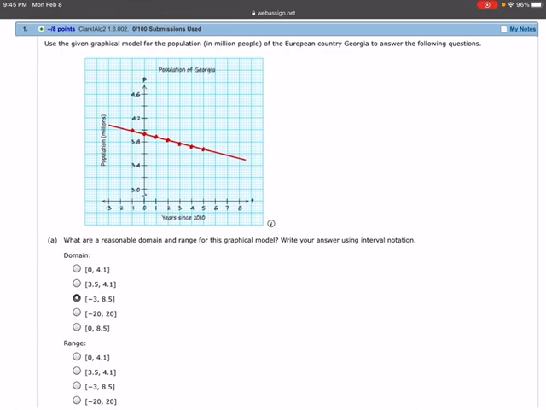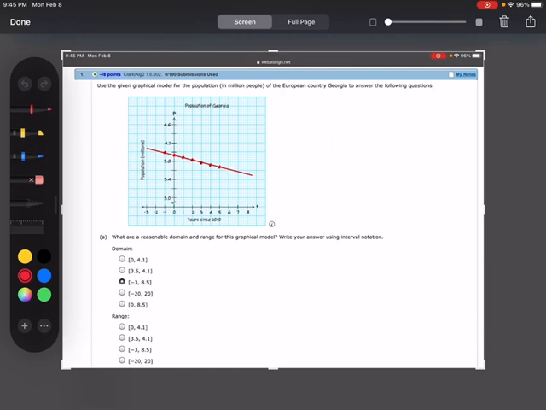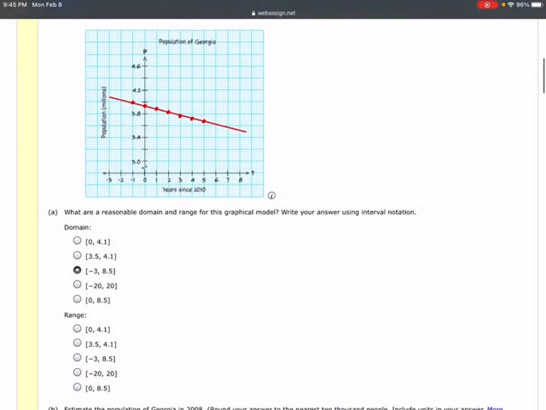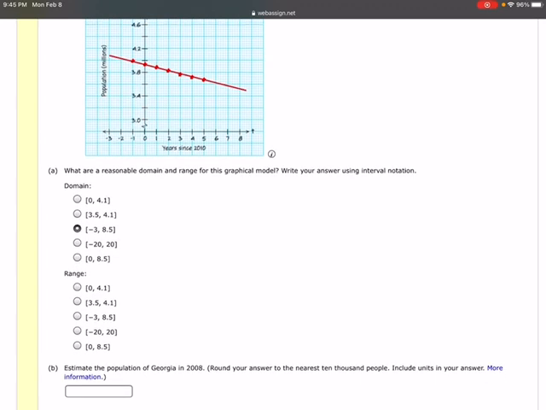The range is going up and down. The range would go from around here, a little bit more than 3.4, to around here, a little bit more than 4.1. So 3.4 to 4.1 approximately, and it seems like that one's the most reasonable.